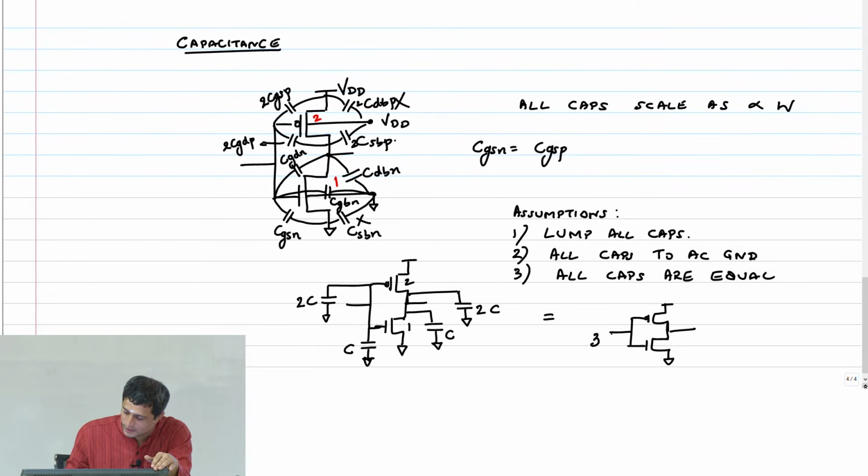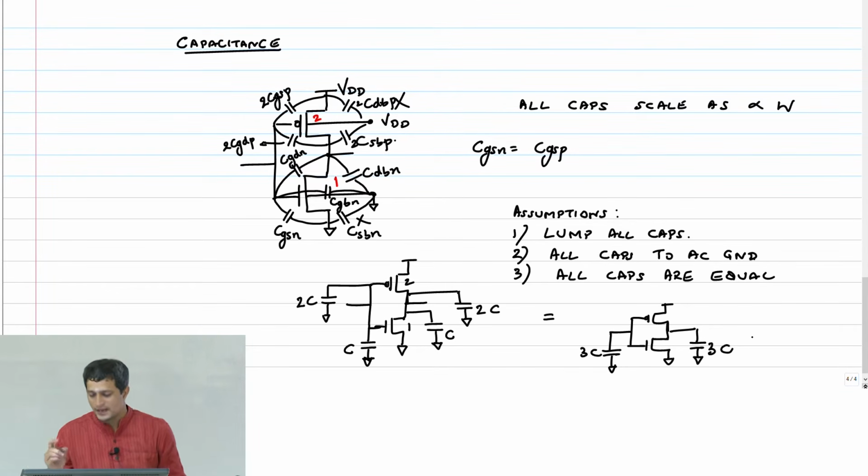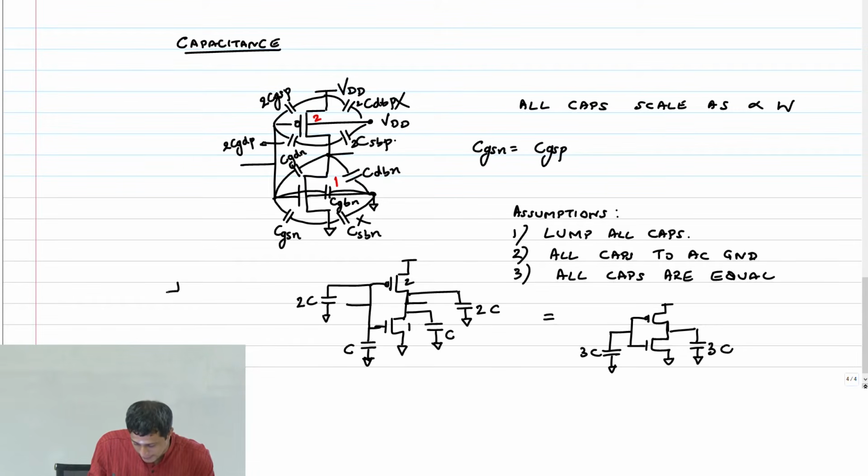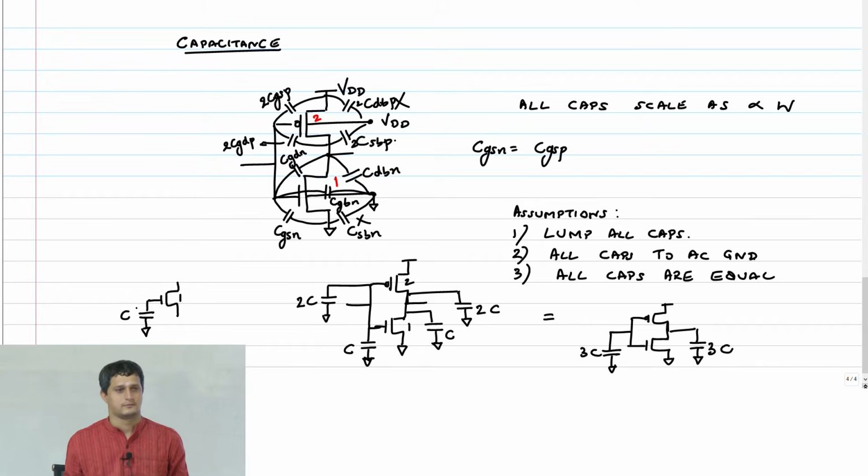This is 3C, and this is also 3C, where C is basically the net gate capacitance of a unit NMOS transistor. That's what this C is.